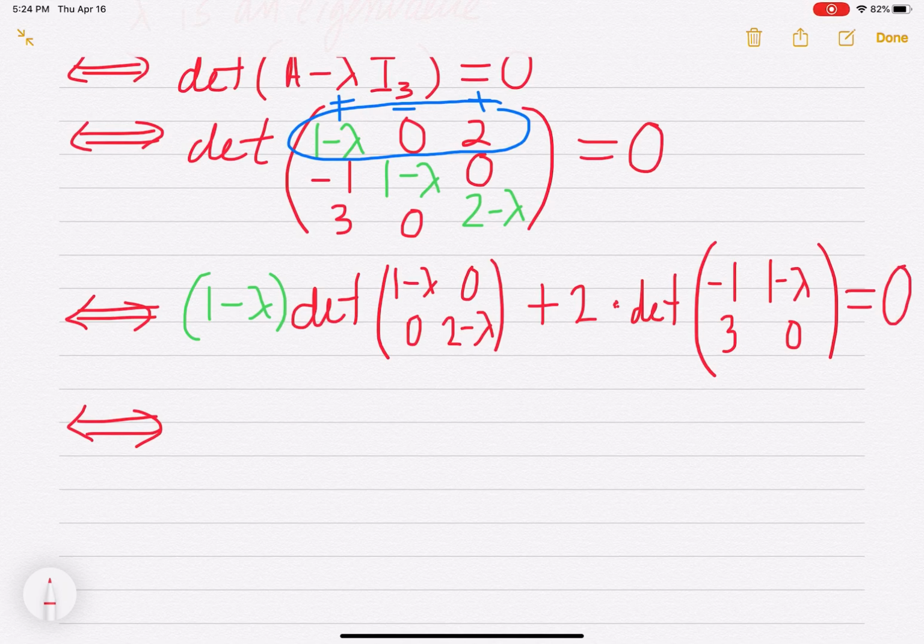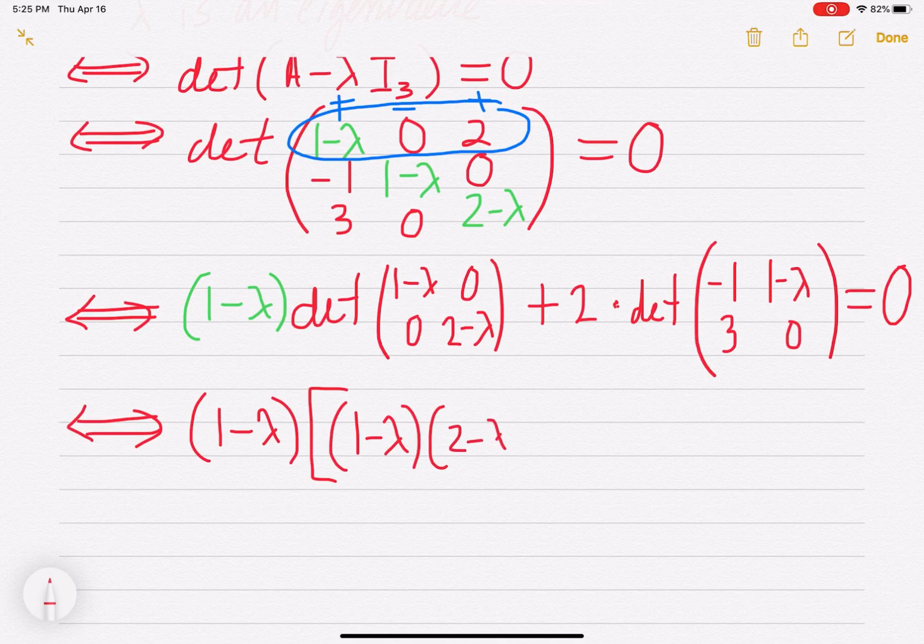This is going to be a polynomial equal to 0. So going on, we have 1 minus lambda out front. We're going to take the determinant of 1 minus lambda, 0, 0, 2 minus lambda. So you multiply down the descending diagonal. You have 1 minus lambda, 2 minus lambda. Minus, well, 0 times 0 is 0.